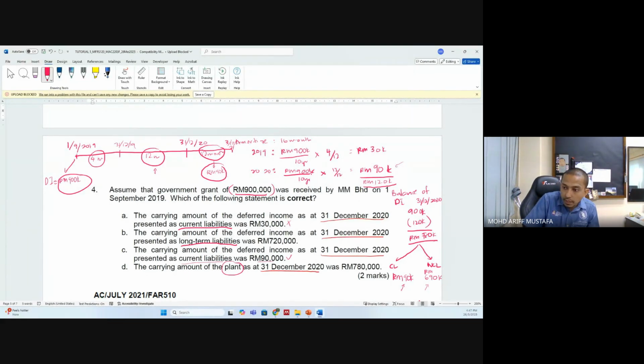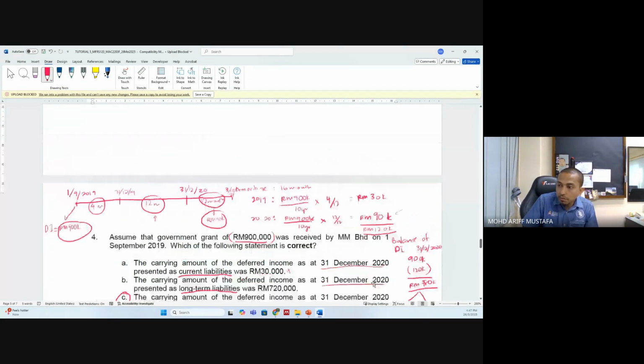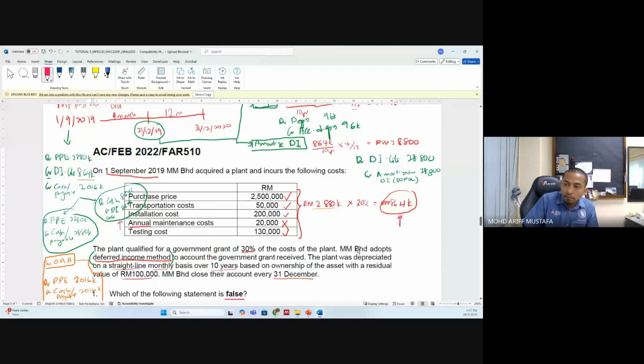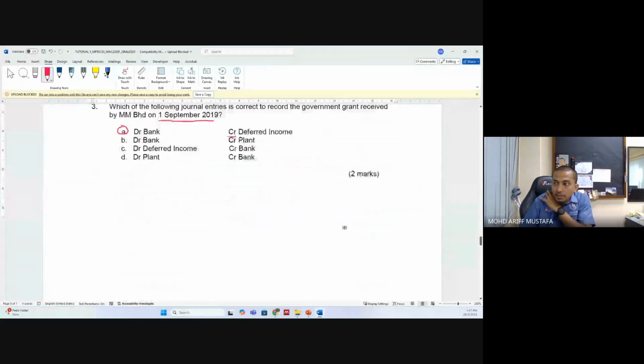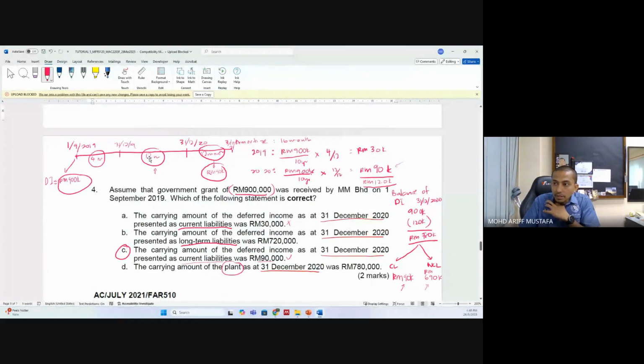No. You can prove it yourself. But if you look at the plant, it uses a different income method. The plant is recorded at 2,880,000, depreciated over 10 years. After 16 months, it can't be that a plant of 2 million is left with 780,000. 2,880,000 divided by 10 is about 288,000 a year, so even times 2 is not 780,000. So the answer is going to be C for sure. Alright, I'm going to stop recording here.